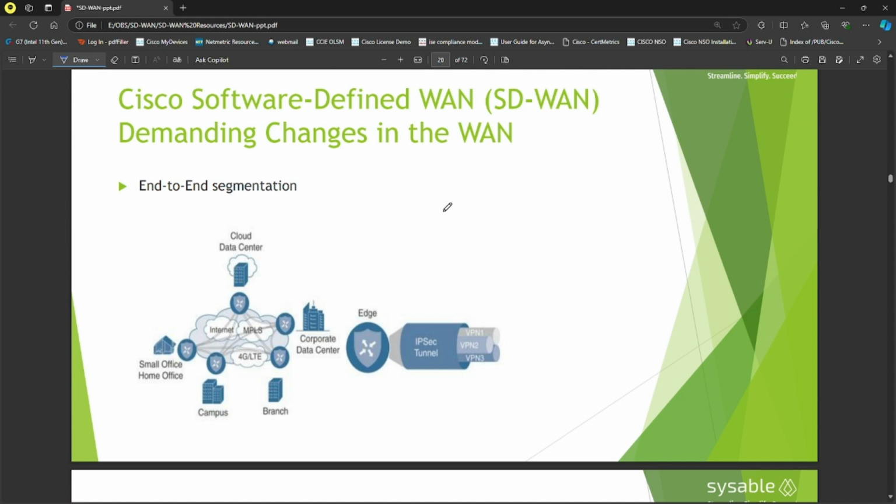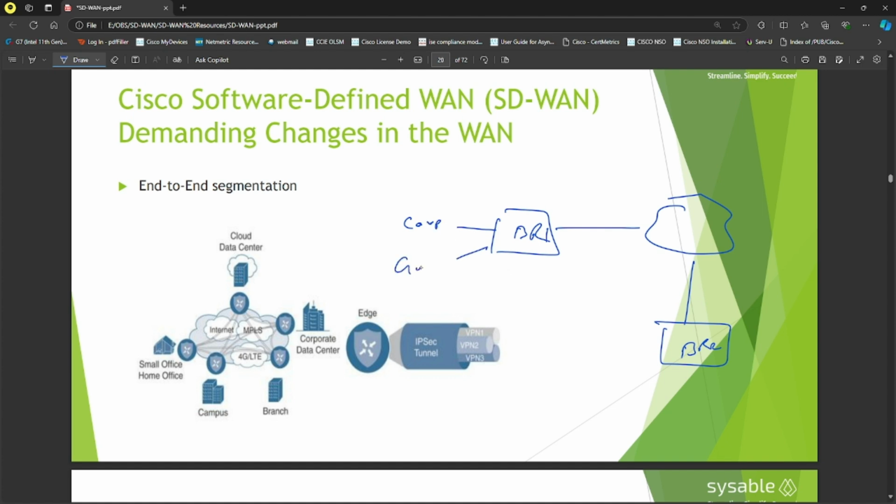Now end-to-end segmentation. This is where things are very interesting. You have your branch device, which is now connected to your internet. You have one more branch, branch 2, over here. Now you have the corporate employees and you have the guest.